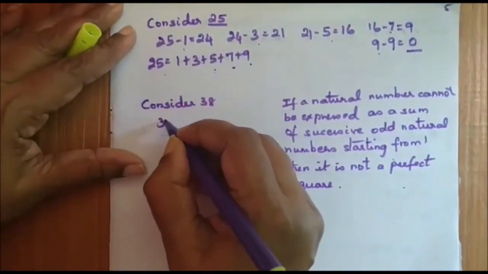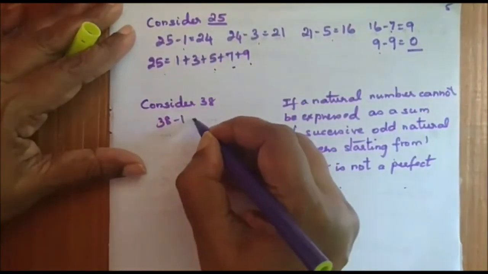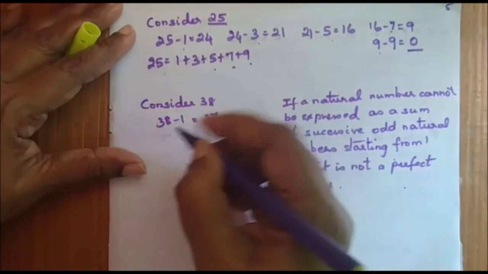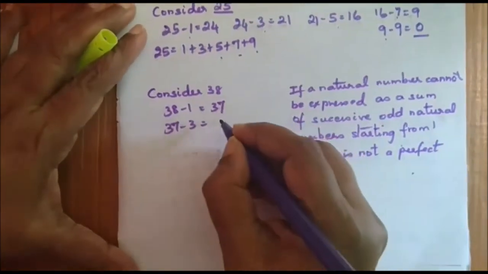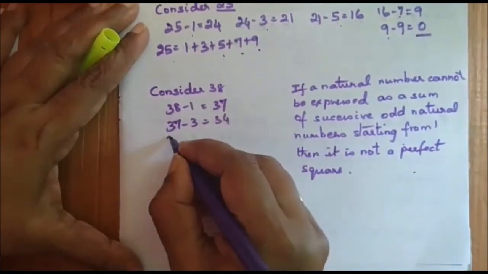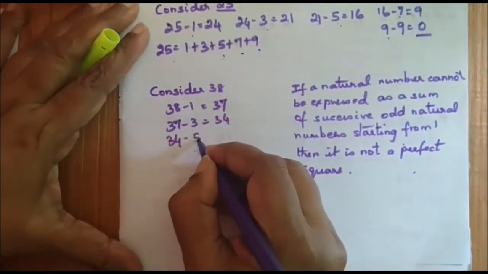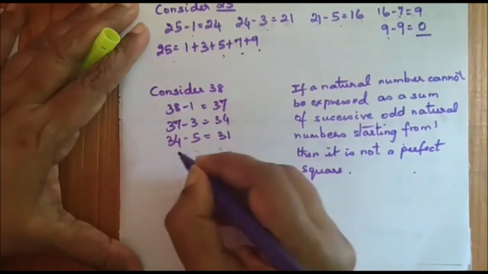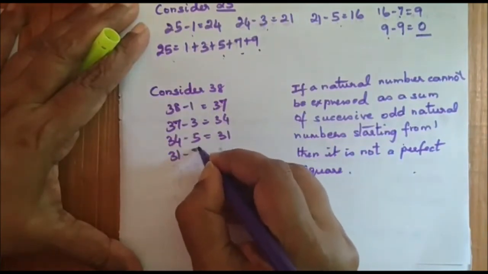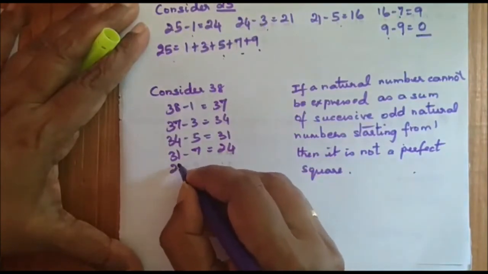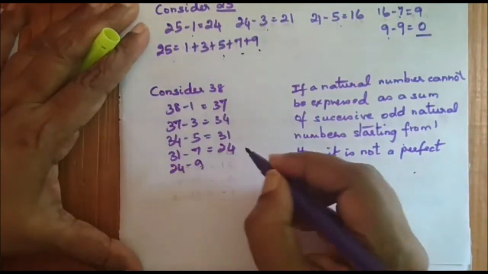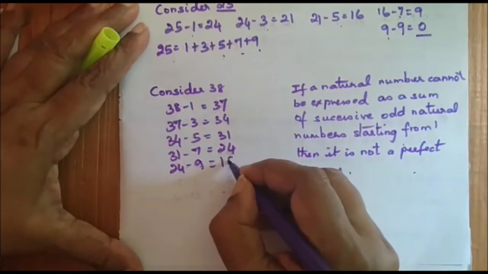Similarly, let me take 38. 38 minus 1 is equal to 37. Now 37 minus 3 is equal to 34. 34 minus 5 is equal to 31. 31 minus 7 is equal to 24. 24 minus 9, what is 24 minus 9? It is 15.